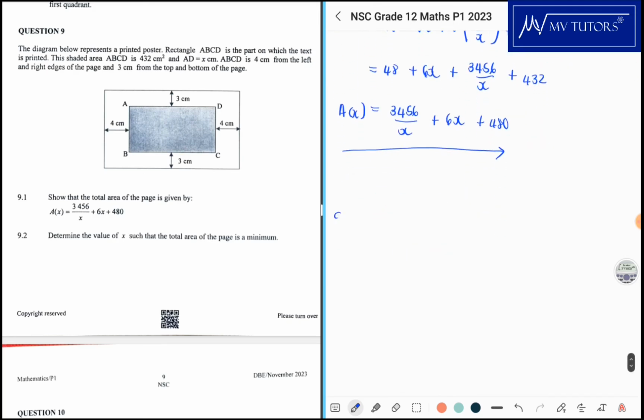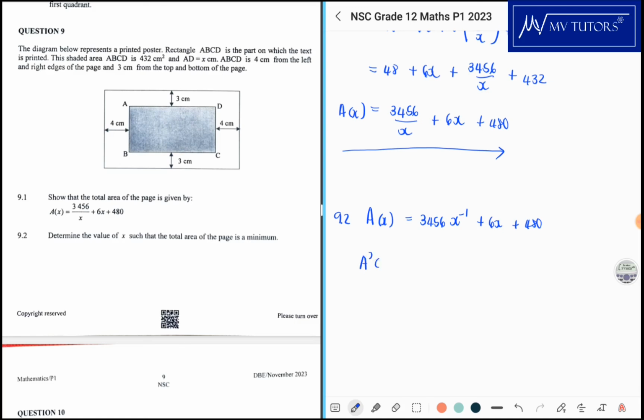And 9.2, it says determine the value of x such that the total area of the page is a minimum. As soon as you hear minimum, maximum, please just know we're going to get the first derivative. Okay, now let me write this with no fractions. So I have 3456 x to the power negative 1 plus 6x plus 480.